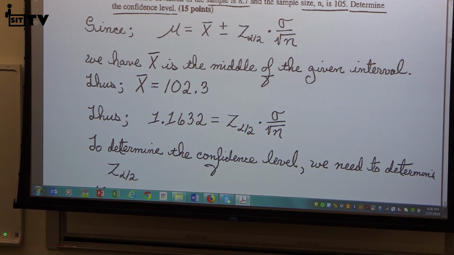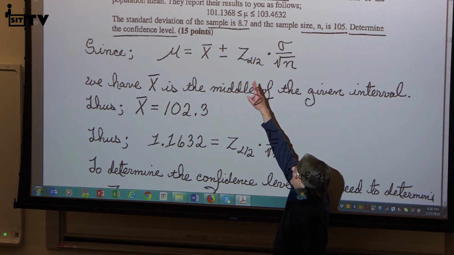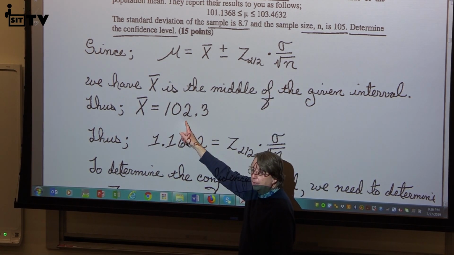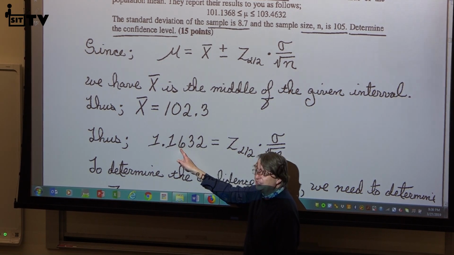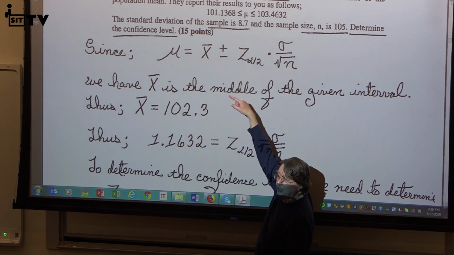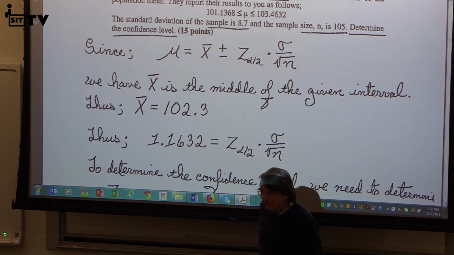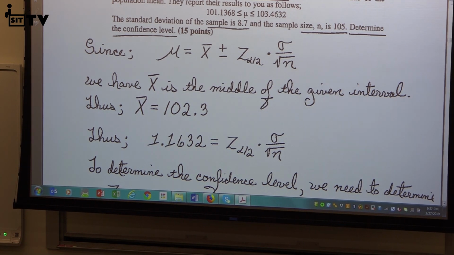I think you said it right, Matt. Can I just say it back? That's the interval on top. The middle point is 102.3. Now, 102.3 plus and minus this number gives us the lower and upper bounds. Are we saying the same thing? Good. Make sure I'm clear, Matt. Thanks.